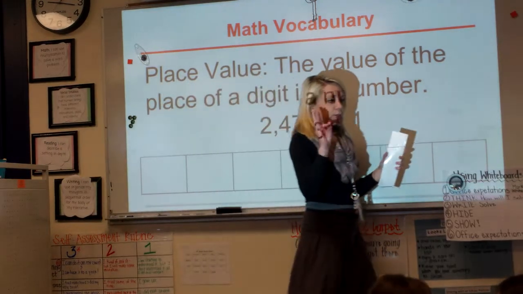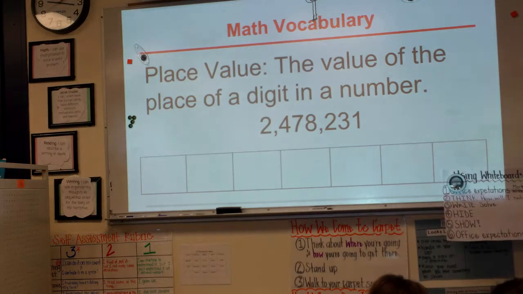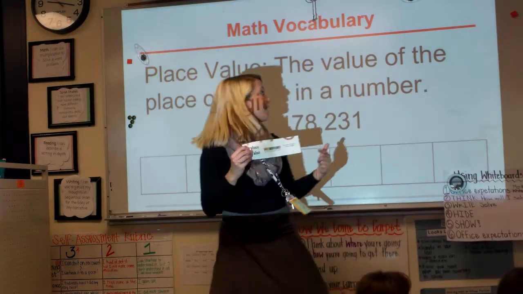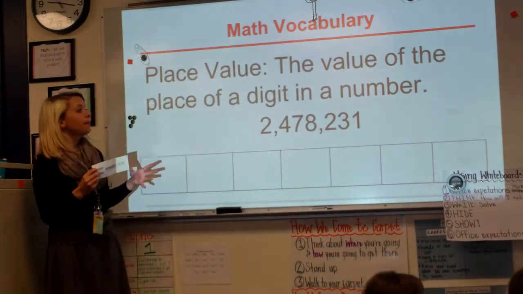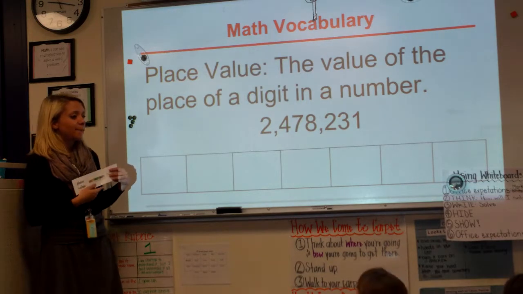Finish up that thought in 3. Coming back together at 2. Voices off and eyes up front at 1. Thank you, fourth grade. So remember, place value is the value of a place of a digit in a number.